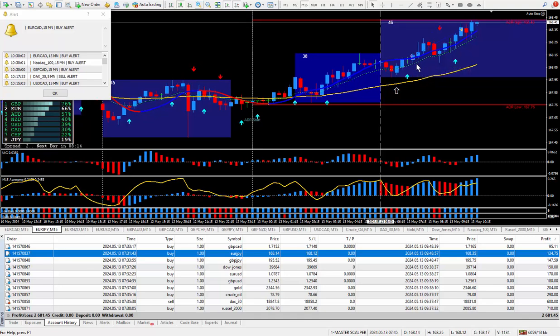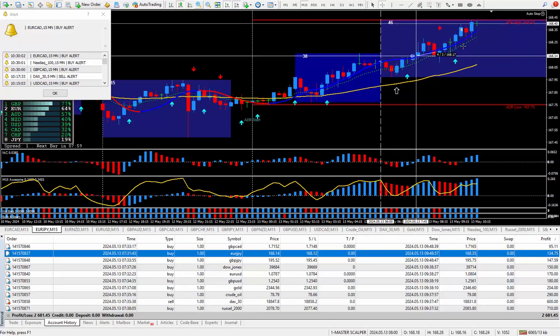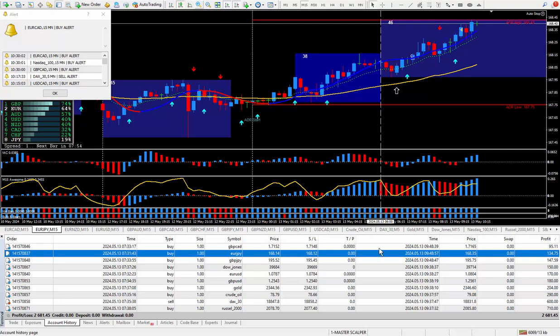Remember, the little cursor is blue, so blue we're buying, and of course if it's red, it means we're selling, and you'll see that on one example here on the DAX 30. Got in at this cursor and I closed it out here just being happy. Looks like about 20 pips, and that paid out $134.